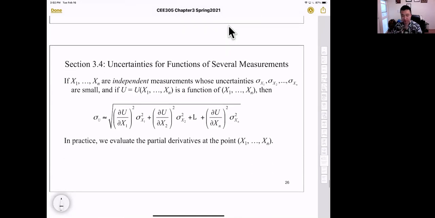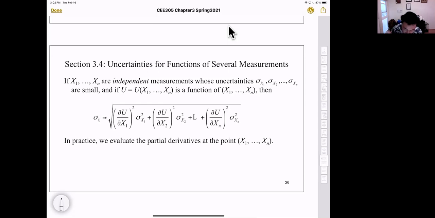And here shows the most complicated part, where we have independent measurements, and u is a function of more than one measurement.